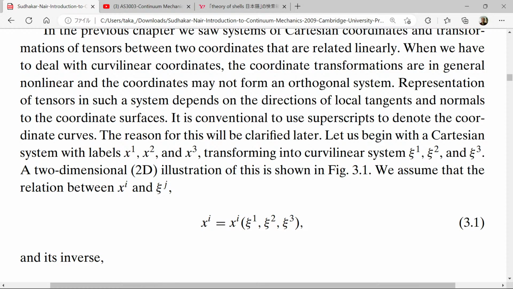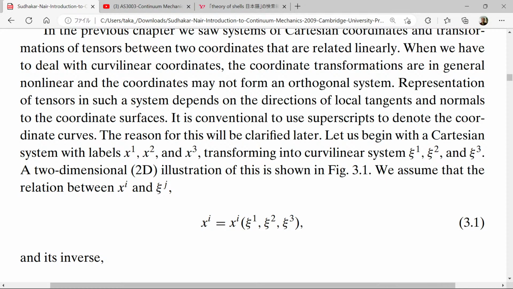Let us begin with the Cartesian system with labels x1, x2, and x3 transforming into a curvilinear system xi1, xi2, and xi3. A two-dimensional illustration of this is shown in figure 3.1.